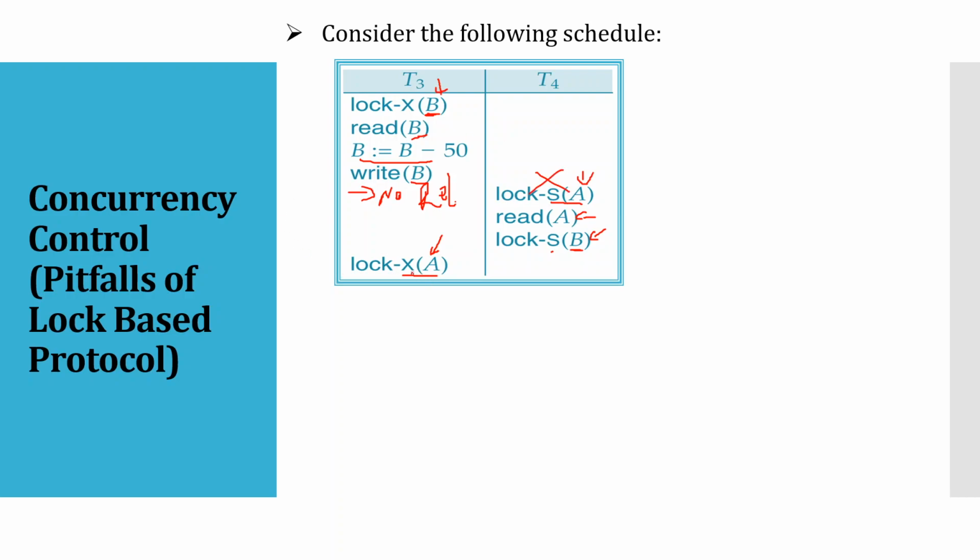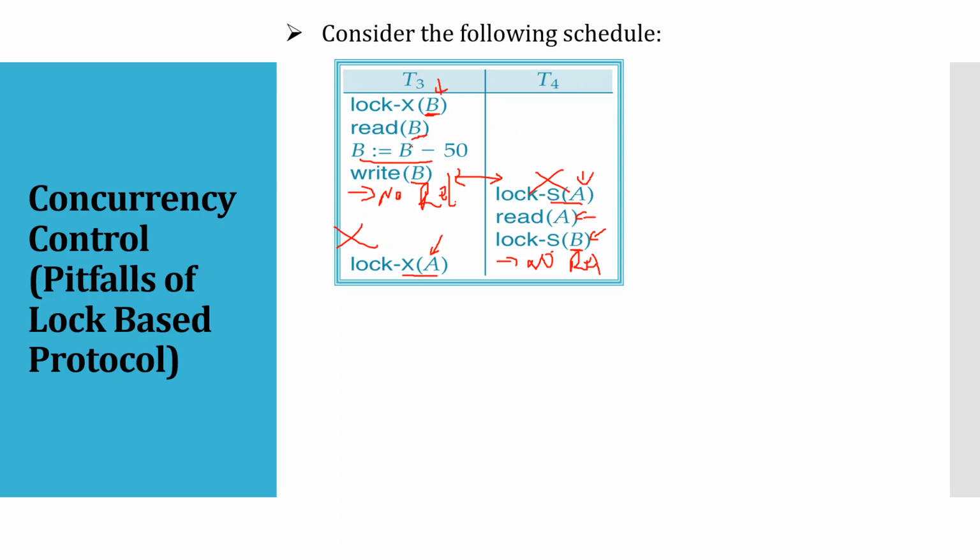Similarly, here T3 also wants a lock on data item A, and data item A is held by T4, but here also there is no release. So this transaction also cannot execute, because both of them depend on each other's data item to be released.